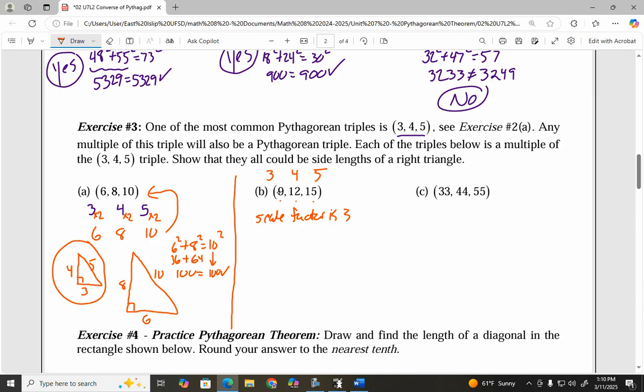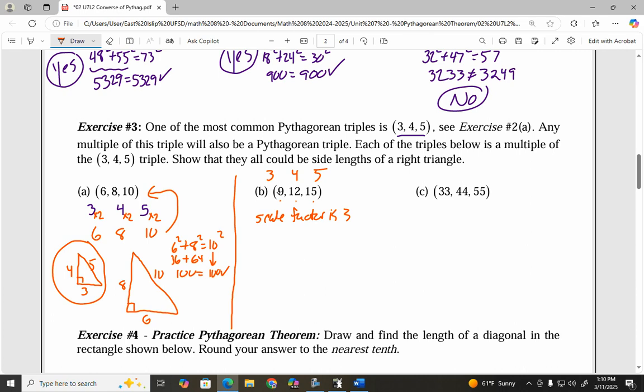Now on your test, I'm not going to ask you to find what the scale factor is, what you could multiply each thing by to make a new Pythagorean triple. But I will give you 3 sets of numbers, and I will ask you, is it a Pythagorean triple?